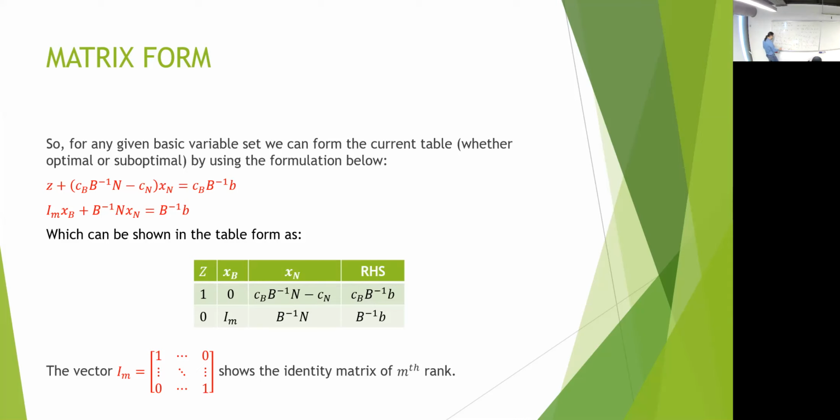And I can find the optimality condition values, the objective function values for the non-basic variables, which is a bit harder to calculate because there are several matrices in here, but it can still be calculated. So CB times B inverse times N, and I'll subtract CN from that, and I'll find the values.